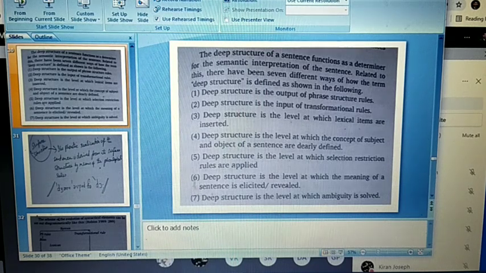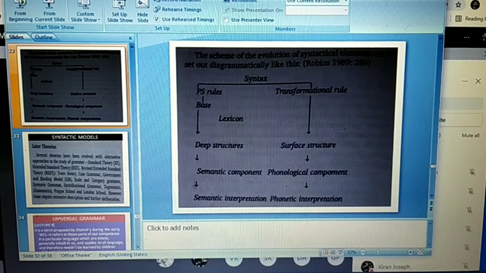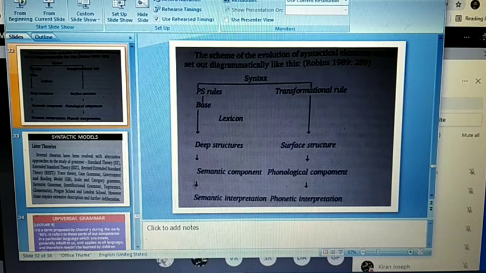Okay, now we can just consolidate transformational generative grammar, or what happened in it. Say for example, you have the deep structure, surface structure, and of course the kernel sentence. What happens in our syntactic analysis of transformational generative grammar?